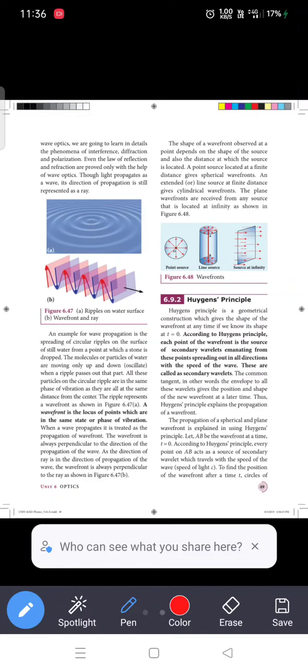Like this we will have this circular shape motion. In this case it clearly shows that when I put a stone into the pond water, the vibration starts and spreads like this.